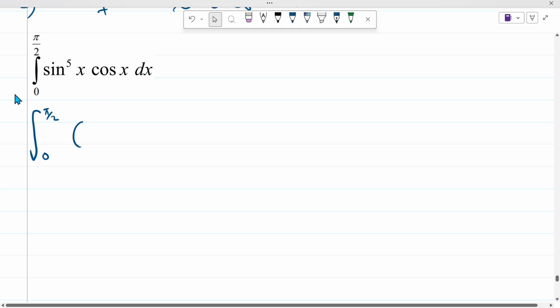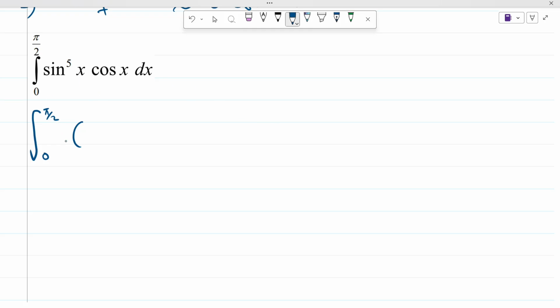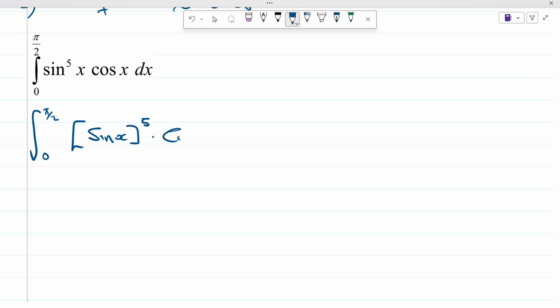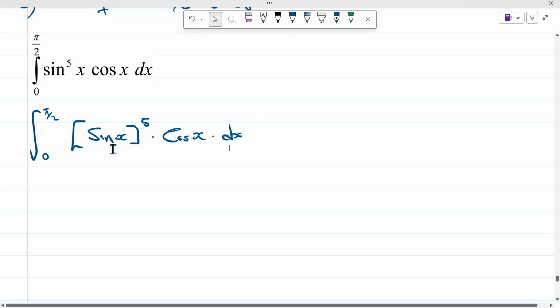No. Do we have a function and its derivative? Yes, we do. So I'm rewriting this nicely so that you can see that we really do have the function and its derivative, cos of x dx. So if we let sin x be our f of x, then cos of x is going to be our f prime of x.